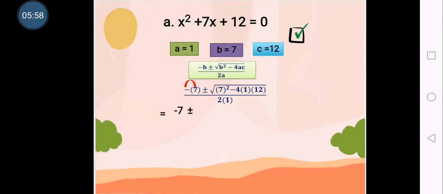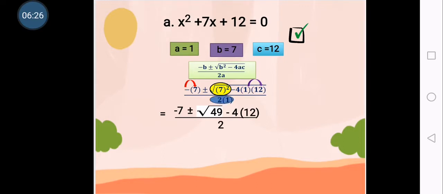Simplify natin yung nasa loob ng square root. Kung mapapansin nyo, yung nasa loob ng square root, yan din yung sinolve natin kanina sa discriminant. Ayan. So, ulitin lang po. 7 raised to 2 is 49. Minus 4 times 1 times 12 is positive 12, over 2 times 1.